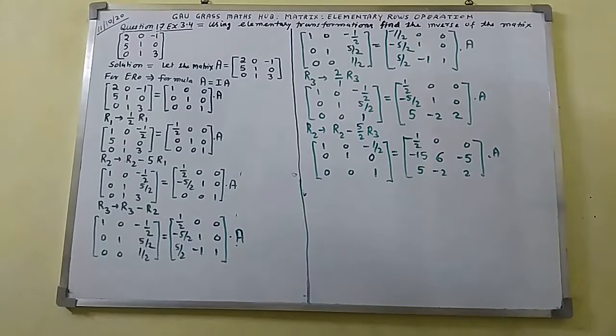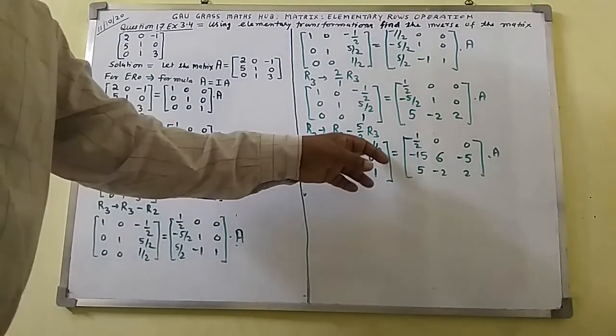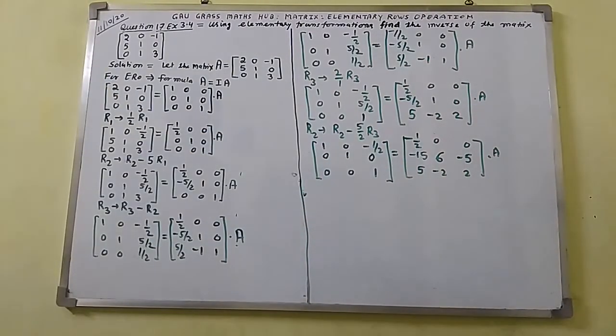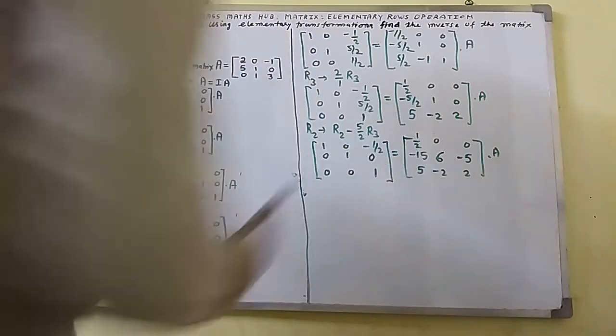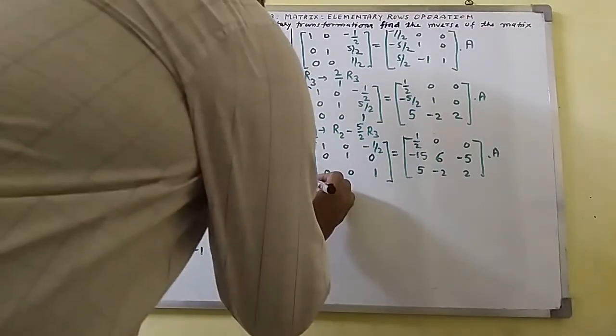Now once again, you can see this element minus 1 over 2 will be converted into 0. To convert this minus 1 over 2 in the first row, the changes will occur only in the first row.